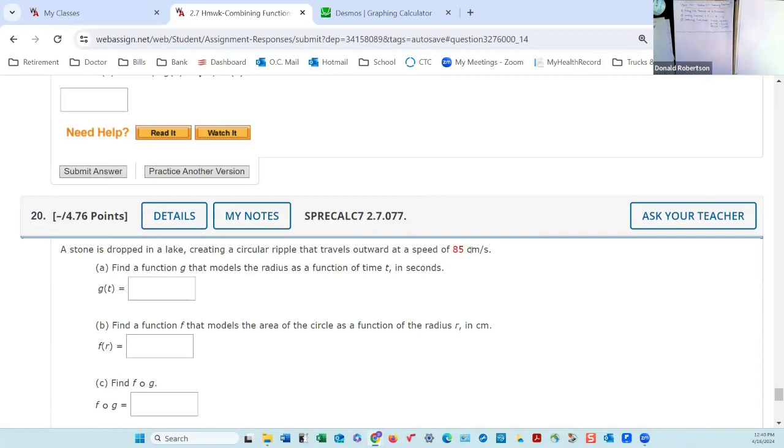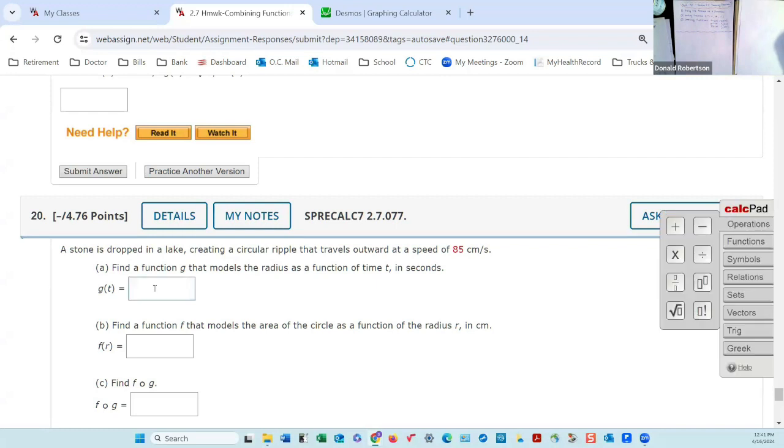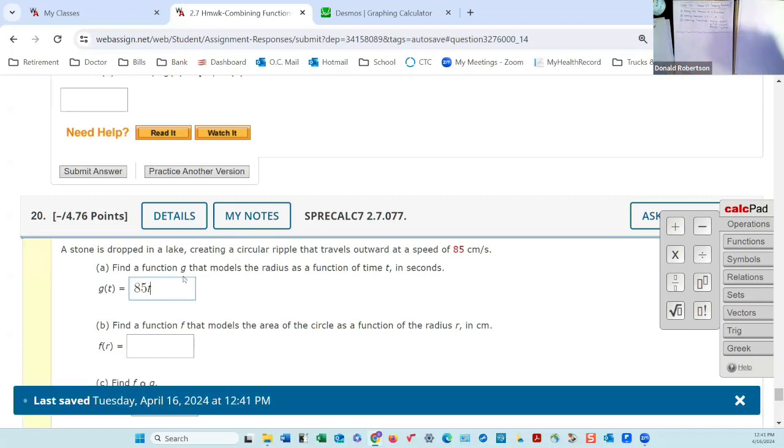So basically, they're telling me that you've got these circles getting bigger, and the circles are going to change by the speed of 85 centimeters a second. So what would the radius be, right? So g represents the radius, and the radius would simply just be 85t, right? Because at the 1 second mark, the circle was at radius 85. At the 2 second mark, it would be 2 times that, 3 seconds, 3 times that.